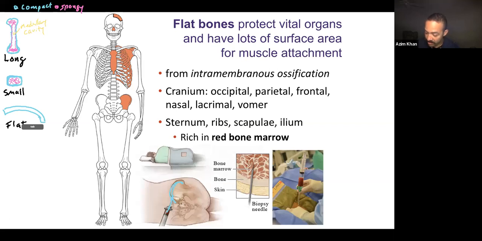Compact bone is on the outside. Spongy bone is in the middle, sandwiched in the middle. When I say flat, it doesn't have to be perfectly flat. There can be curvature to the bone, just like this one here in the skull, but overall it's got a nice, large, flat surface.